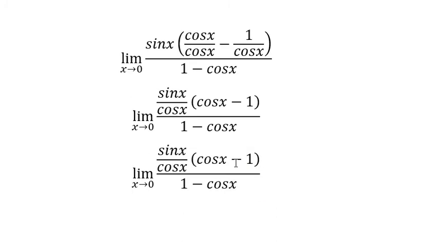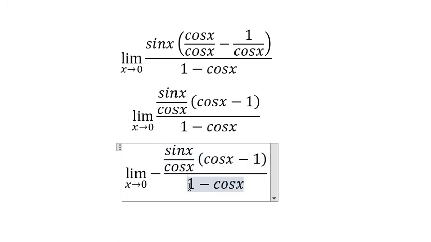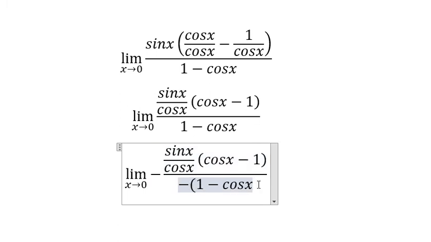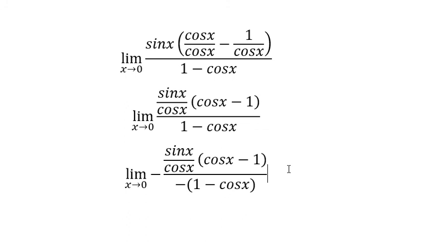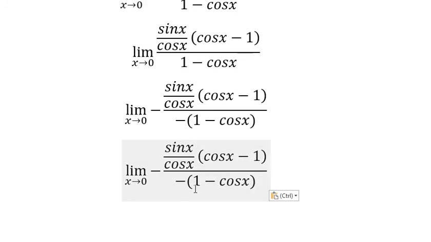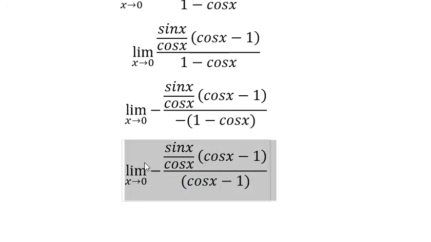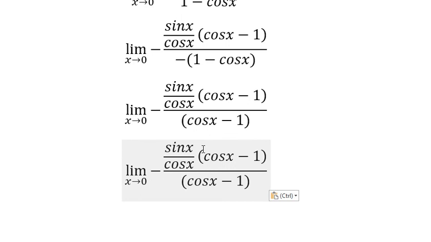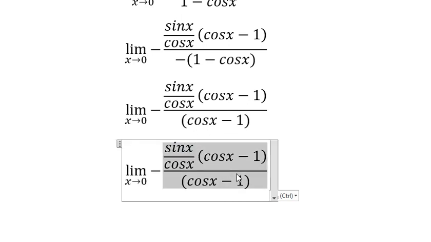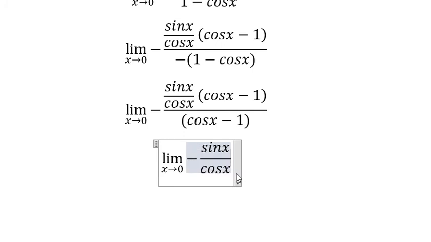Now I will put the negative here, so we need to put another negative here. So we change the sign of number 1 and cosine x, and you get cosine x minus 1. Now we need to simplify cosine x minus 1 on the numerator and denominator. Now if we put number 0 here, you get 0.